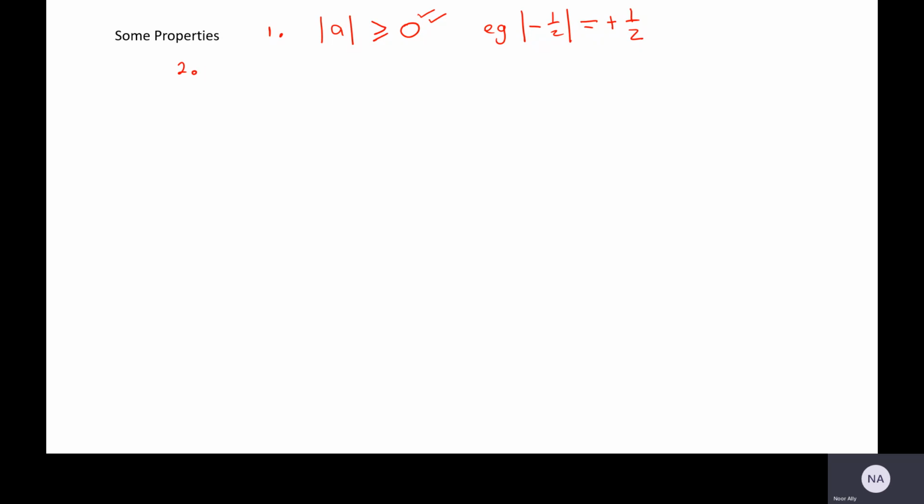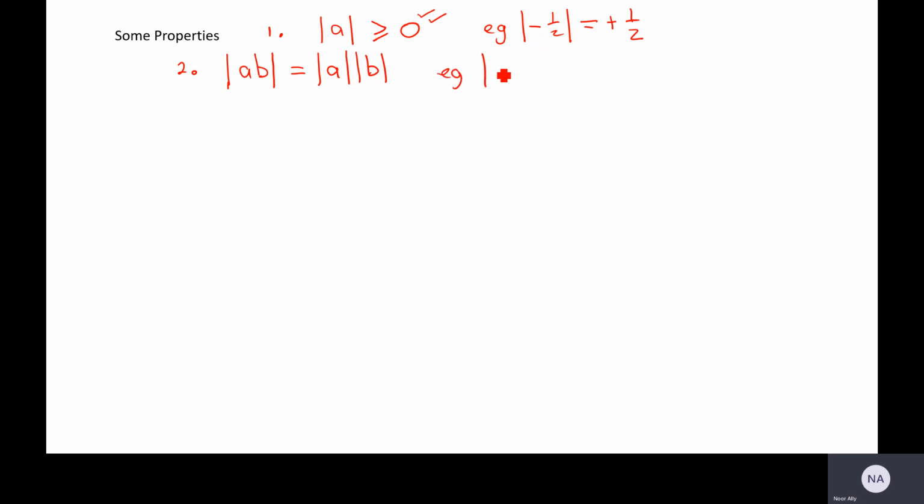The other properties essentially give you an idea that they are related, in fact, to the algebra and the operations that you've built up over the years. For example, the absolute value of A times B, you can split into saying that is equal to the absolute value of A multiplied by the absolute value of B. So what do I mean by that?